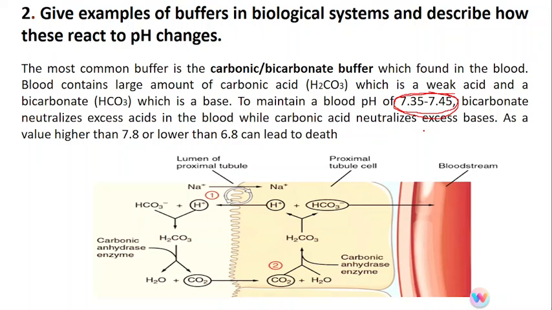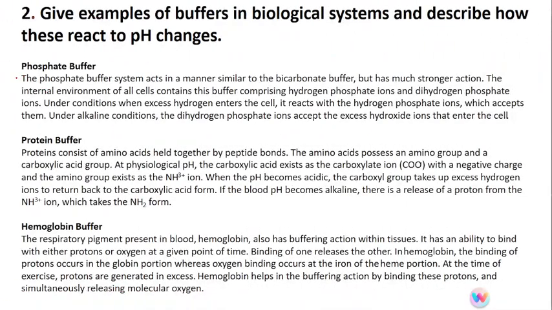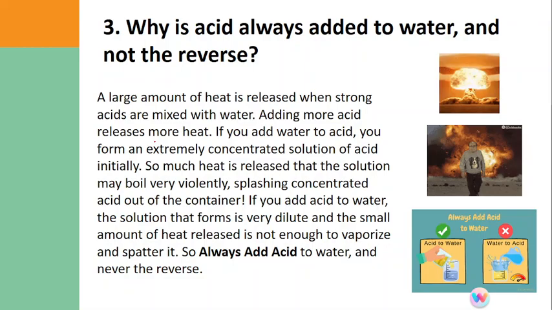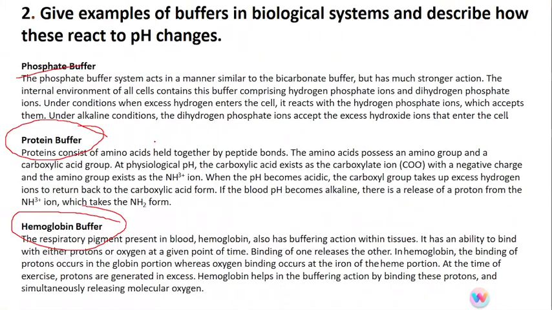Another example of biological system buffers is the phosphate buffer. We also have the protein buffer and the hemoglobin buffer. The phosphate buffer acts in a manner similar to the bicarbonate buffer, but has much stronger action. Also, a buffering system consists of a weak acid and its corresponding weak base. An acid is defined as a molecule that releases hydrogen ions in water, and a base is a molecule that accepts hydrogen ions.